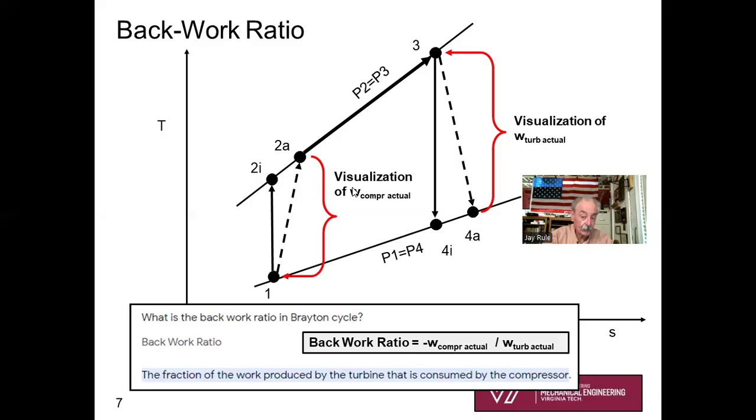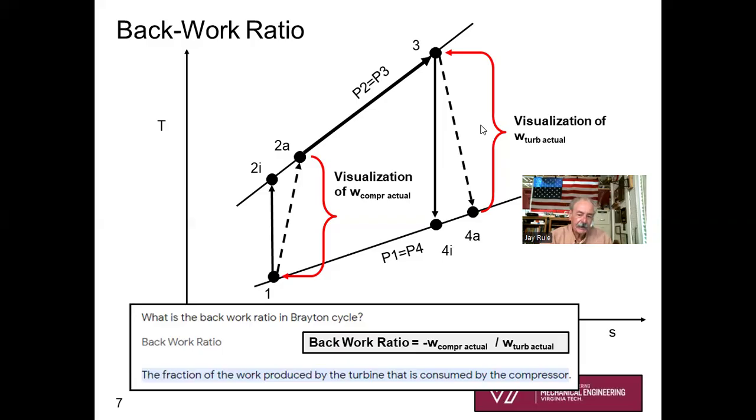And remember, for an adiabatic turbine or compressor, Q is 0, so 0 minus W equals delta H. And so these vertical distances are visualizations of work for an ideal gas on a TS diagram.